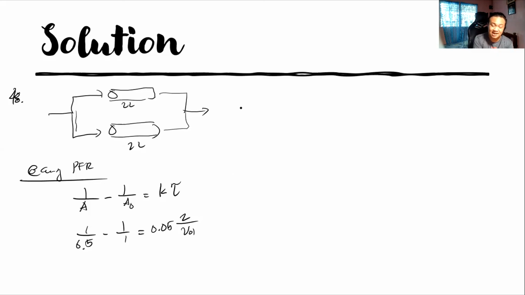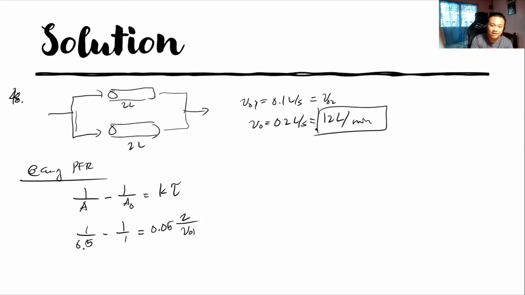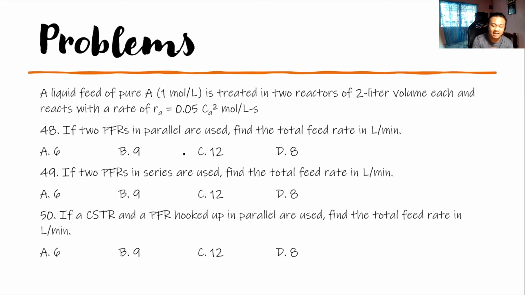So just shift solve to get VO1, you have 0.1 liters per second, and VO2 is also equal to that. So VO is 0.1 plus 0.1 equal to 0.2 liters per second, or 12 liters per minute. Okay, that's letter C.